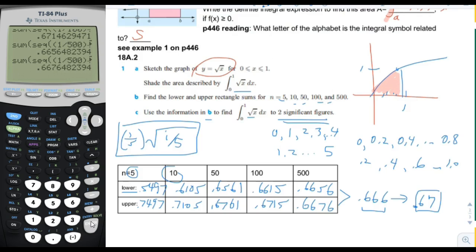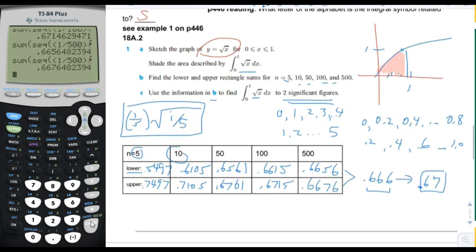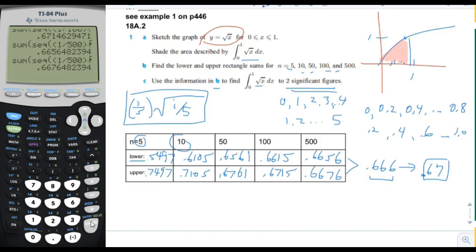All right. And if you're wondering still how you get these values that we put in, remember that first what we do is we figure out what are the indexes we need to put here to calculate each of the heights. For example, for the first one we realized we needed to count these values 0, 0.2, 0.4, all the way to 0.8. But we can't count by decimals with the calculator. We need to count by integers.